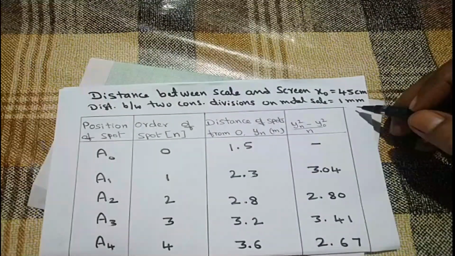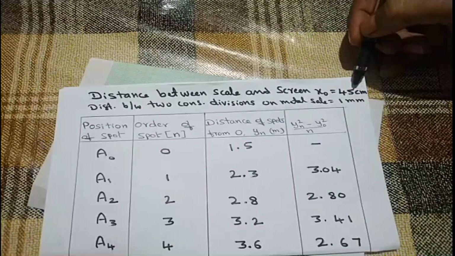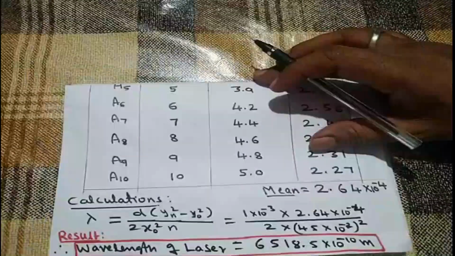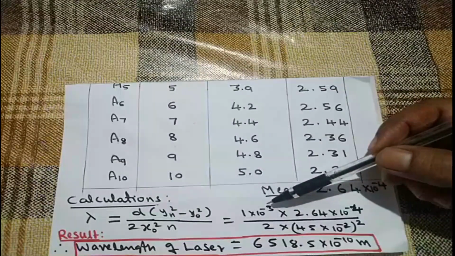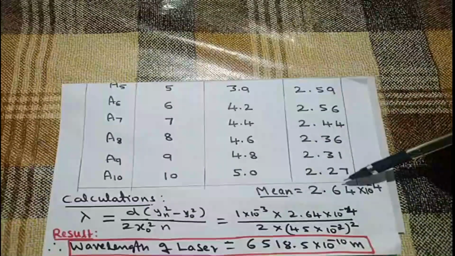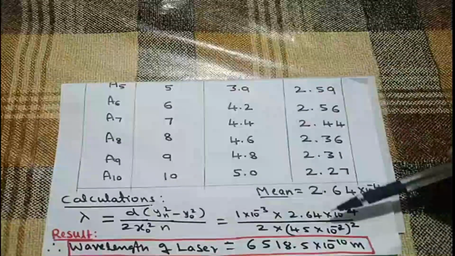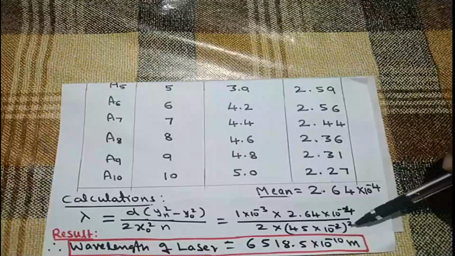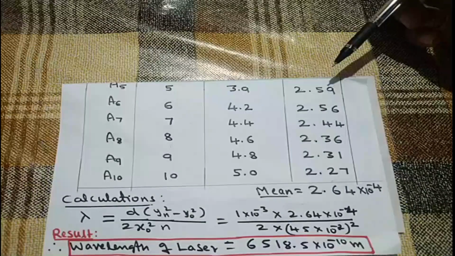The distance between scale and the screen is x0, equal to 45 centimeter. You have to convert it to meter and substitute it in the main formula. So d is 1 mm, that is 1 into 10 to the power of minus 3, the mean value is 2.64 into 10 to the power of minus 4, and 2 into x0 square, that is 45 into 10 to the power of minus 2 whole square. After doing this calculation we get the result.